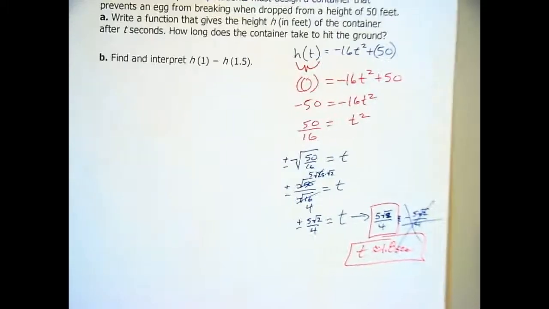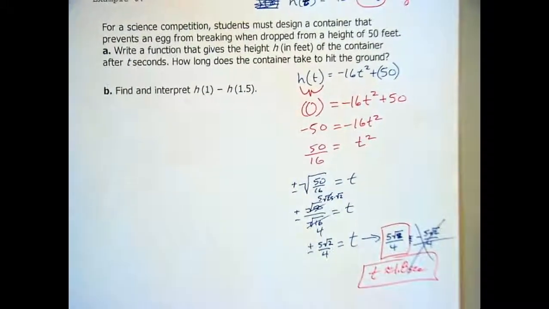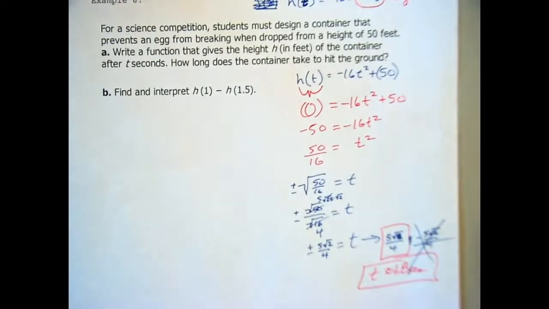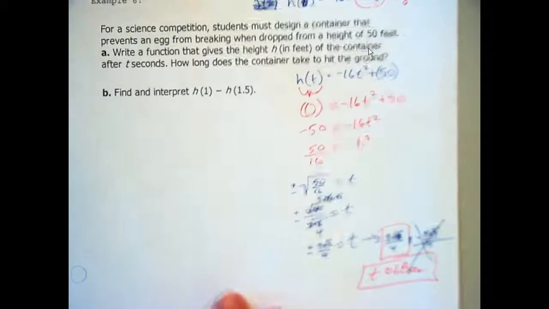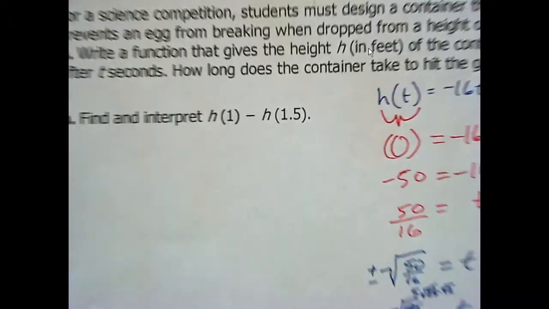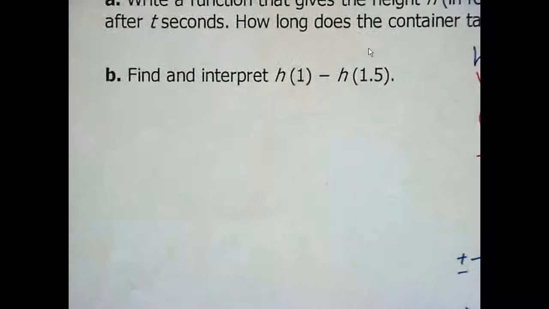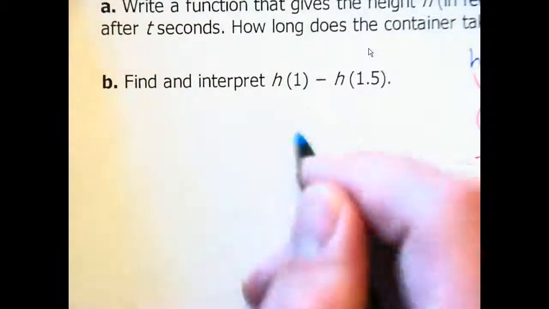I'd like you to find and interpret h of 1 minus h of 1.5. You have to work together there. It is a minus sign, however you do them separately.